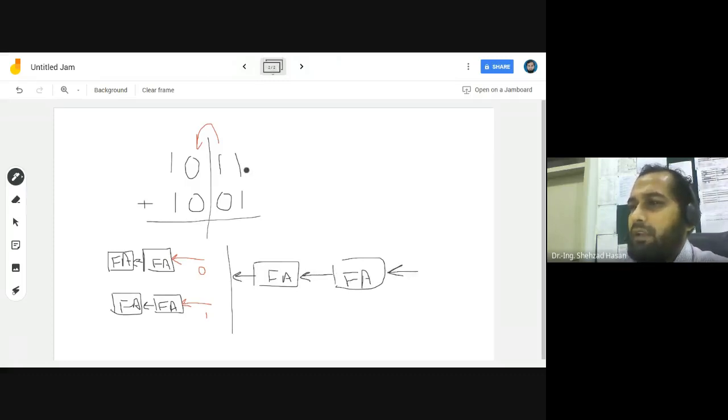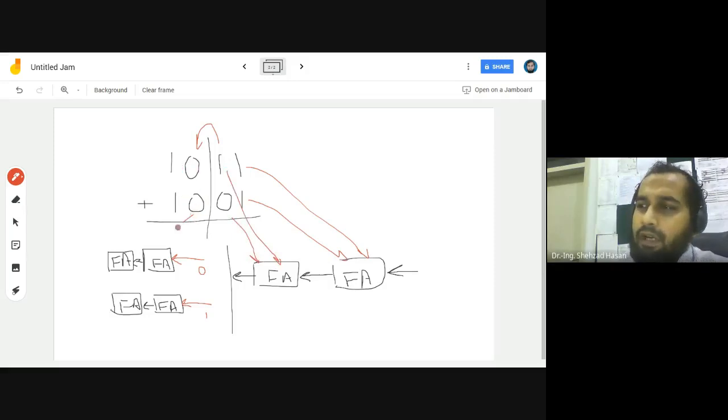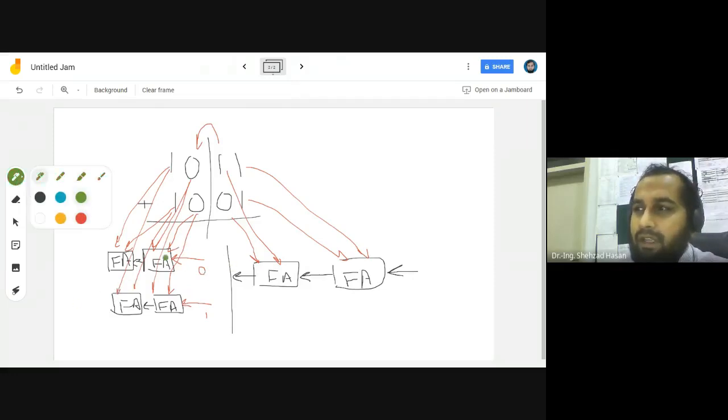So you see one goes over here and the other one goes over here. The 0 goes over here. But in this case, the 0 and 0 are going to go to both of them. Similarly here, and this 1 and 1 is also going to go to both of them. Similarly here. So now you have determined their carry inputs.